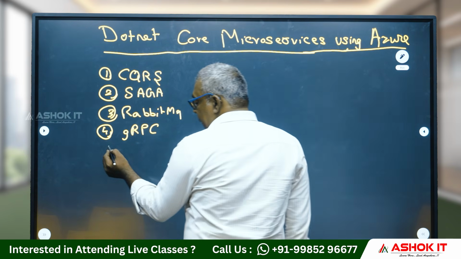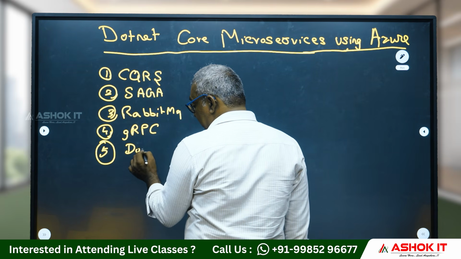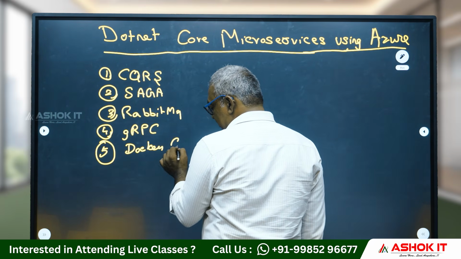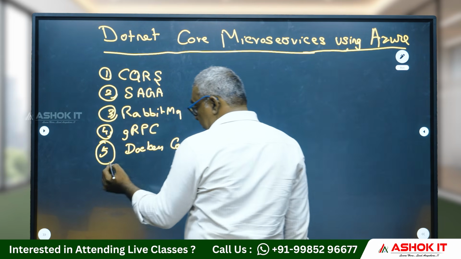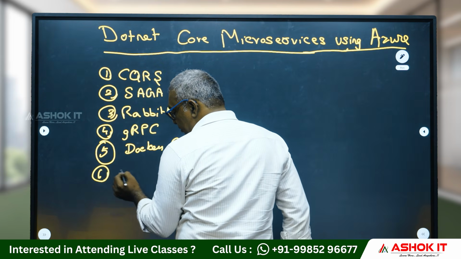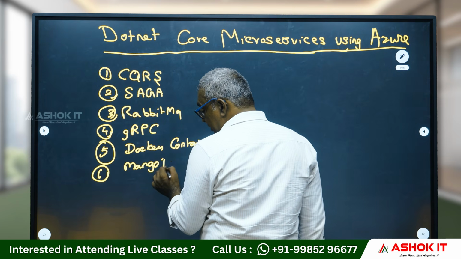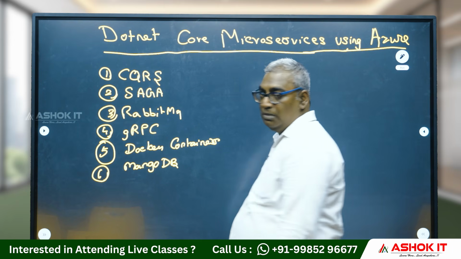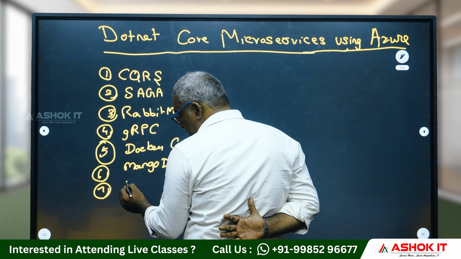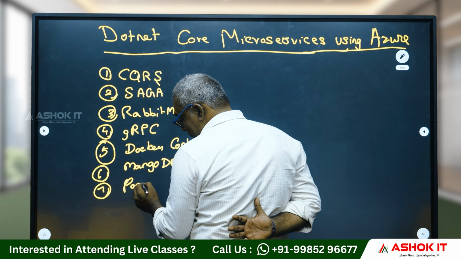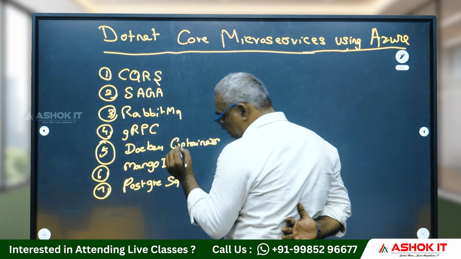And then the fifth topic we are going to learn is Docker containerization. I'm going to containerize all the concepts. And the sixth topic we are going to learn is MongoDB: how I am going to communicate from your front-end .NET Core with MongoDB. And the seventh topic I am going to cover is PostgreSQL.